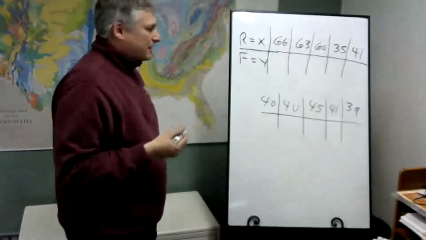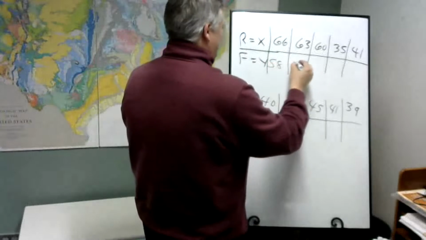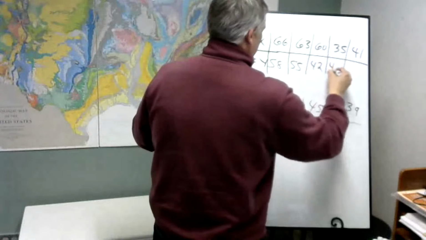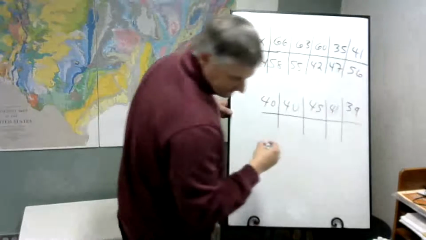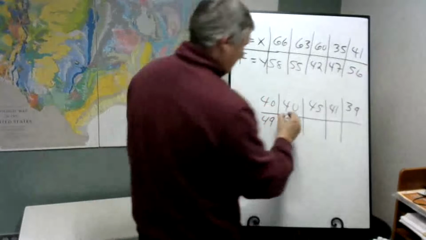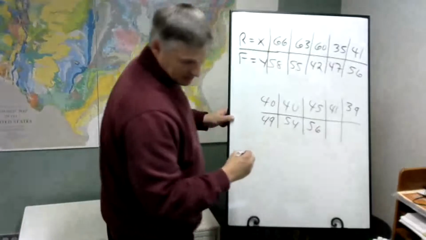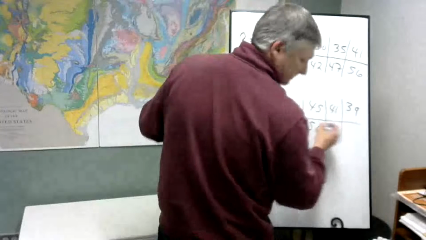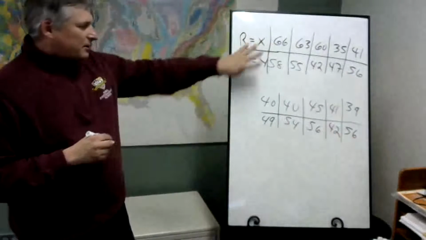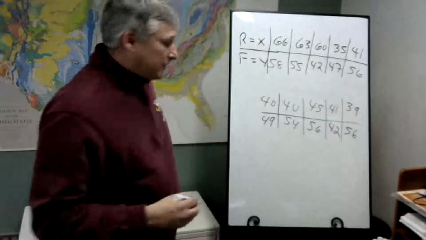So these are temperatures, say, in Roswell, and then I'm going to put in the Farmington ones here. So the chart continues on. Now, x and y we refer to as random variables.